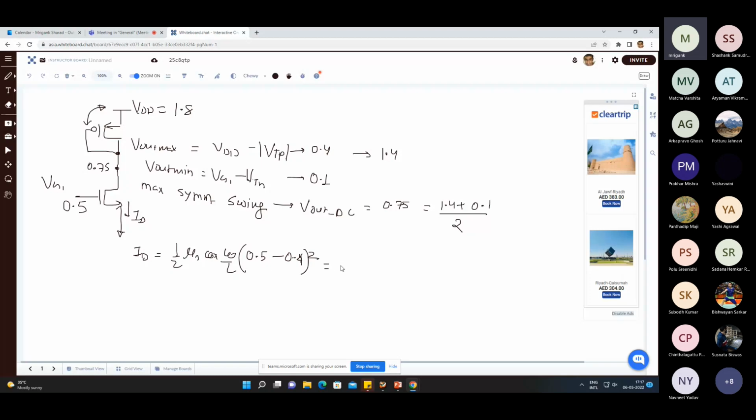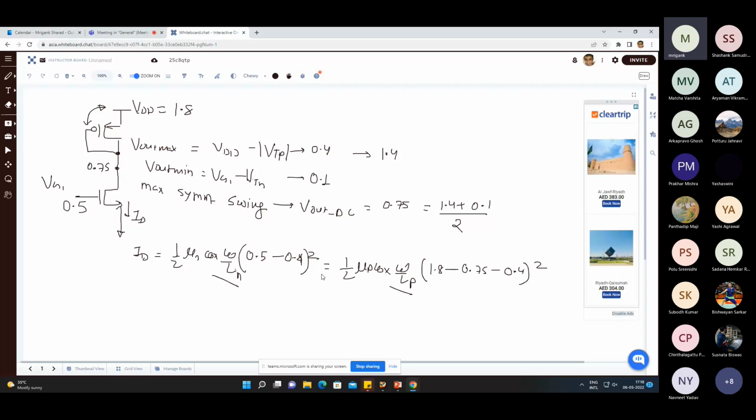And this has to be equal to the current flowing in the upper MOSFET, which is 1 upon 2 mu P COX, W by L of P, and VSG, which is 1.8 minus 0.75, minus mod VTP, which is 0.4, square. So this will also give us another constraint on W by L, and then we will be bound by that. This basically conflicts with the gain requirement as well.